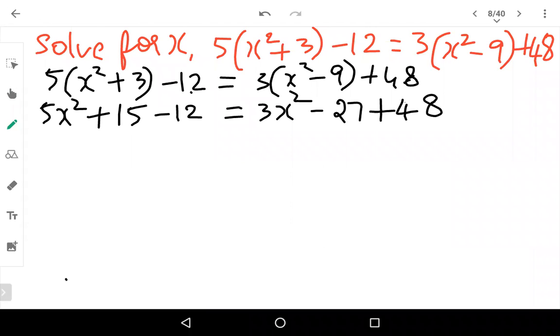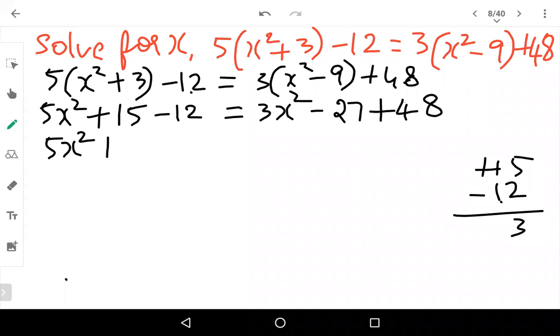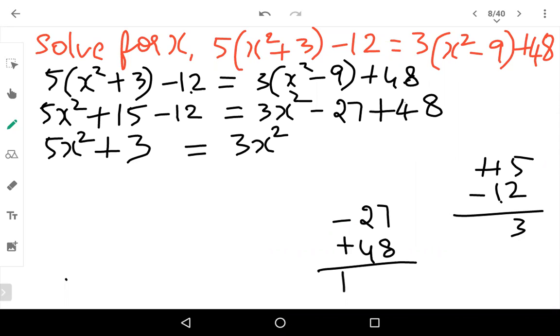Okay, now let's do the simplification. Now here, 5x square plus 15 minus 12 will give me 3 plus 3. Yeah, correct, Rida, plus or minus 3. Okay, I'll get plus 3 here is equal to 3x square minus 27 plus 48, plus 21 will be the answer.